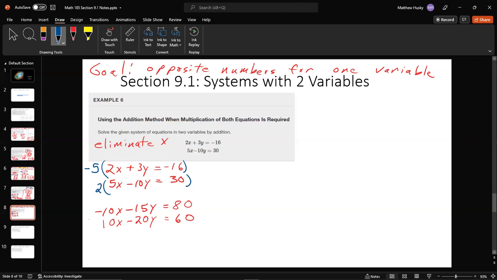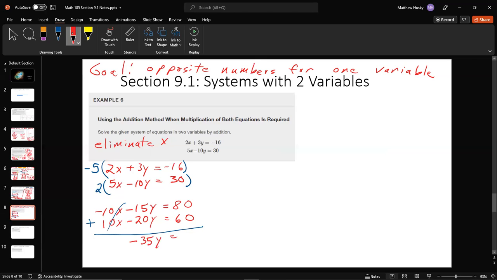And now we're going to do the addition here, which is where the addition method gets its name. By design, -10X plus 10X cancels out. That was the whole point of doing this. That's why we did it the way that we did. -15 minus 20 happens to give me -35Y.